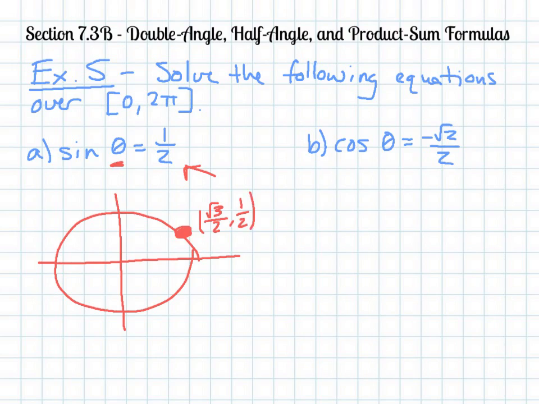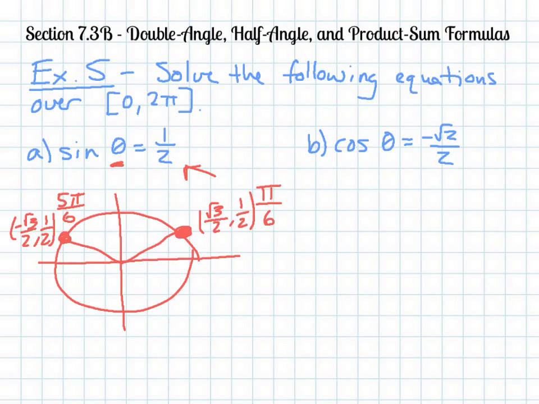So at pi over 6 would be one. And then also at the opposite one, because you have negative square root of 3 over 2, comma 1/2. So then at 5 pi over 6. So you have two values that if you plug them in for sine, you would produce the answer of 1/2.